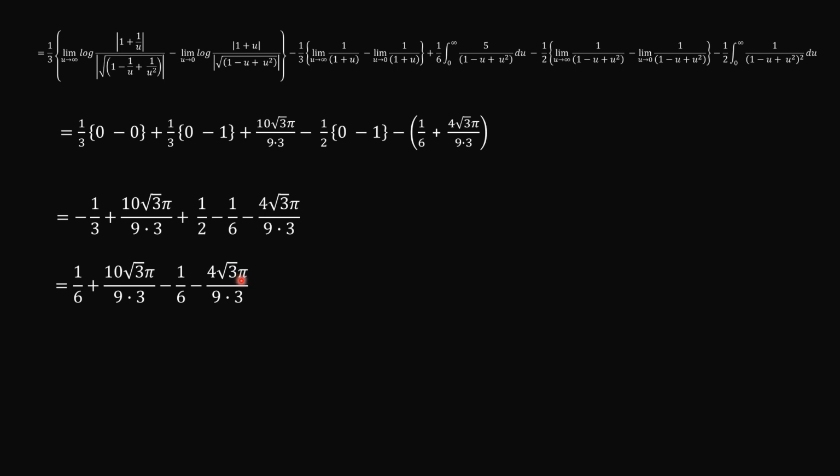Minus 4 times root 3 over 9 times 3 pi. So this, as I say, would cancel out. And then the 10 and the 4 here becomes 6 times root 3 over 9 times 3 pi. And so 6 divided by 3 results into 2. So we have the final answer as 2 times root 3 over 9 pi. So this is the final answer.